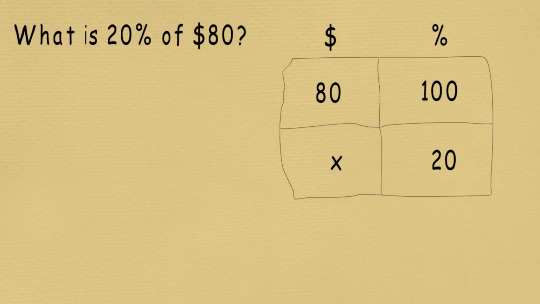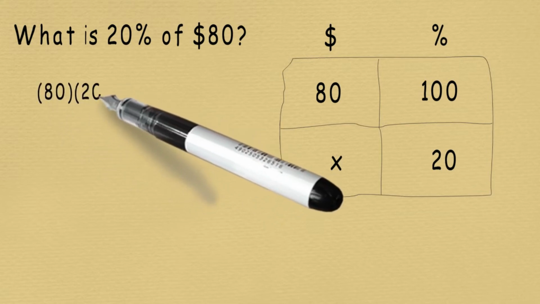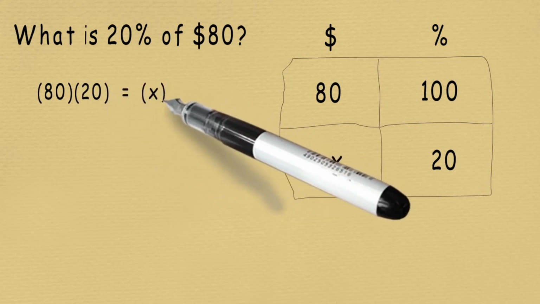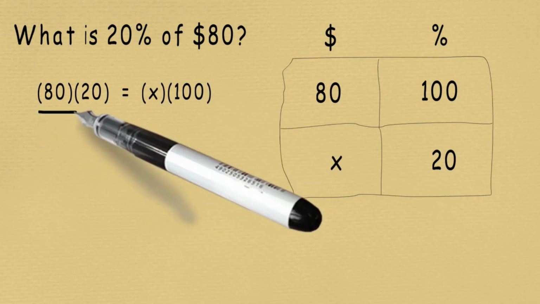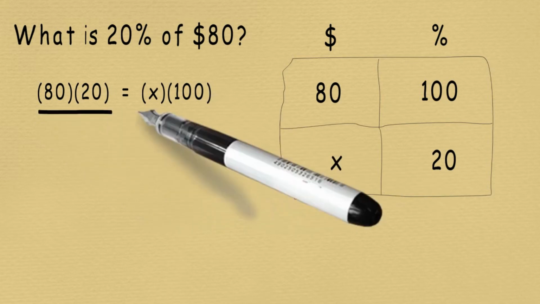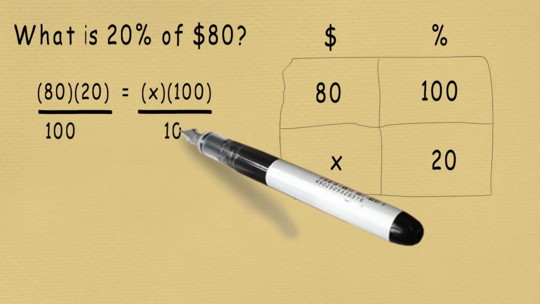Now I'll write X for the unknown that I'm trying to solve. And what I'm going to do now is cross multiply those quantities and set them equal to each other. So I write 80 times 20 equals X times 100. And again, I want the X by itself, so I'm going to divide everything by 100. So I'll divide the left side of the equation by 100 and the right side of the equation by 100.